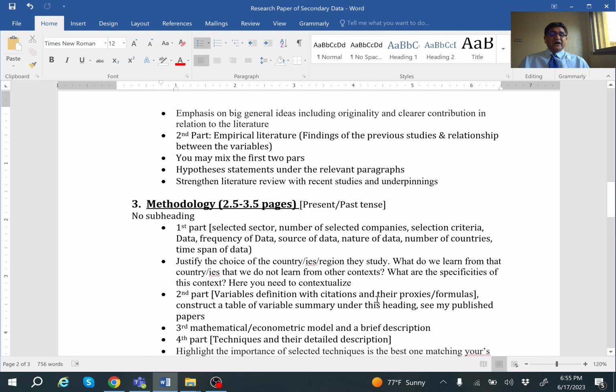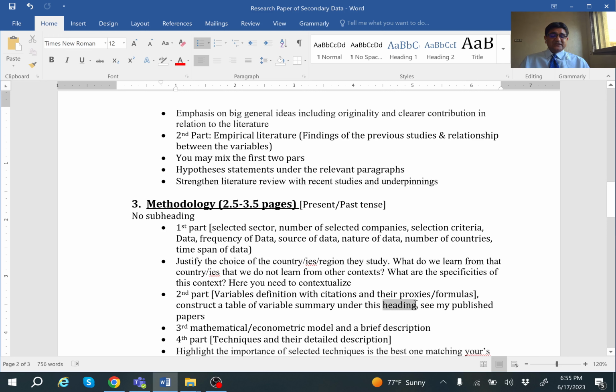And after providing the citation and discussing the proxies of the variables, we need to develop a table which summarizes the overall definitions and variable measurements. Construct a table of variable summary under this part, not heading.